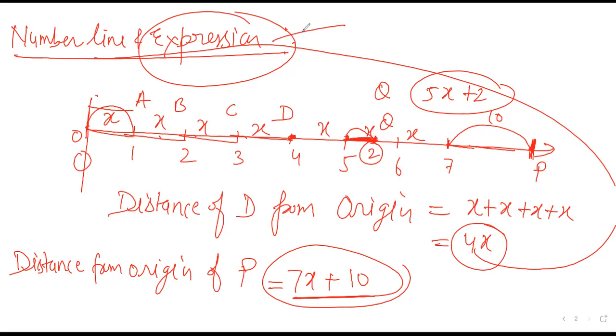Okay, so this is the concept between number line, variable, constant, or you can say expression. Actually, an expression is the combination of variables and constants with the help of basic mathematical operations, right? Now, coming to the proper definition of algebraic expression.